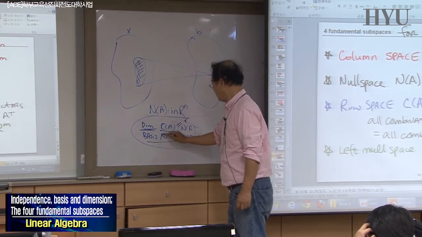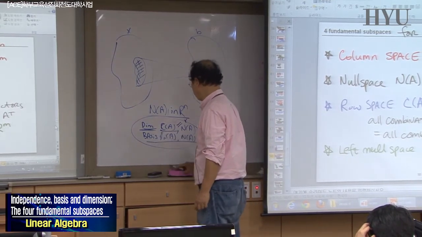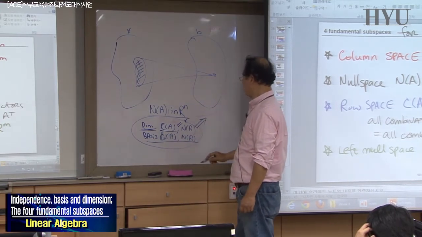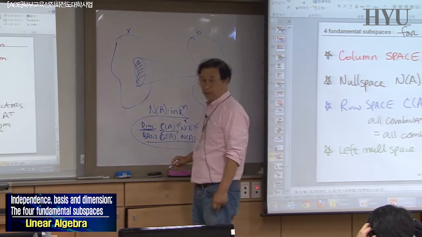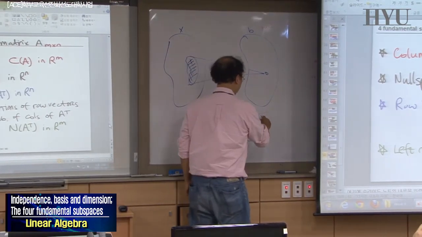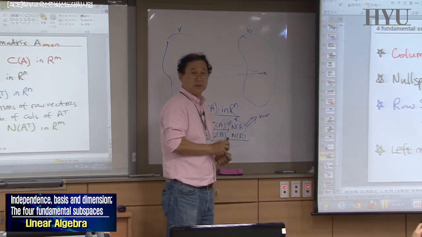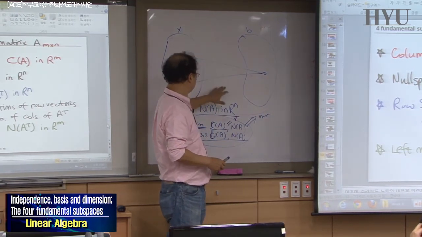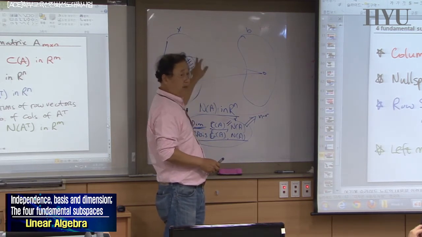Then this one is the null space. What's the dimension of this null space? It is n minus r. Because all the x's are actually n, right?